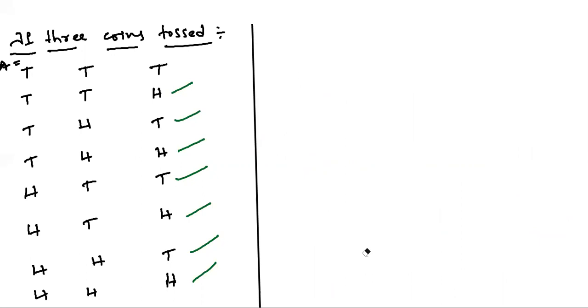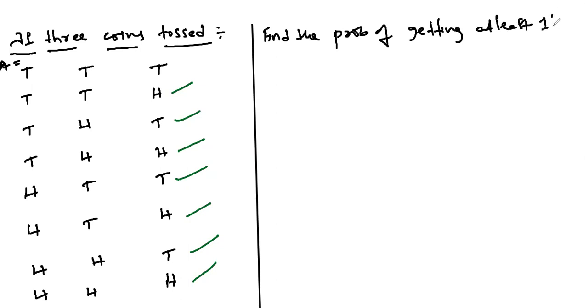Find the probability of getting at least one head. So at least one head means one should be the least. That means the condition will be one is compulsory, two and three you can write.